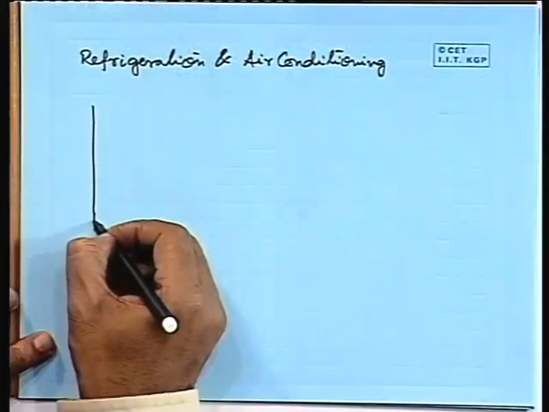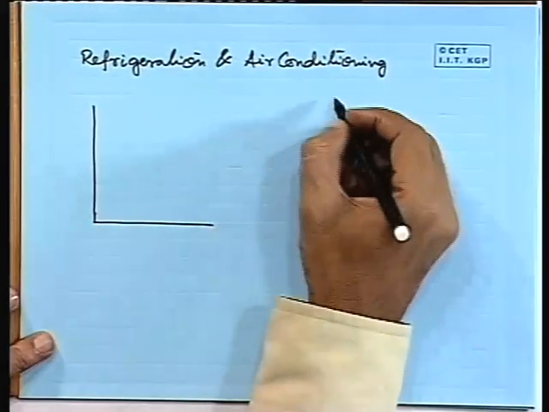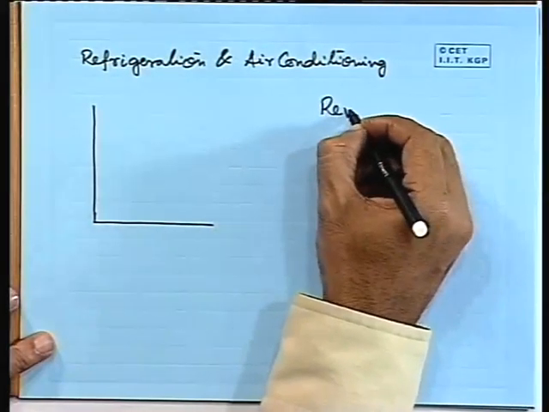we can start from the reverse Carnot cycle. So, if a Carnot cycle can be used, that is the ideal cycle for heat engine cycle, then a reverse Carnot cycle can be used as an ideal cycle for refrigeration. So, if we have the TS diagram of a reverse Carnot cycle, let me write it.